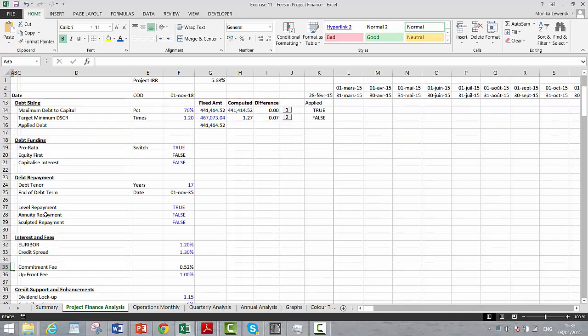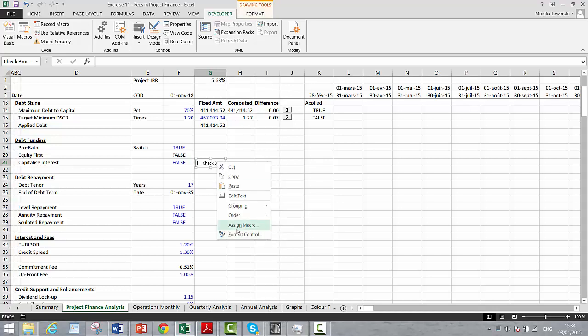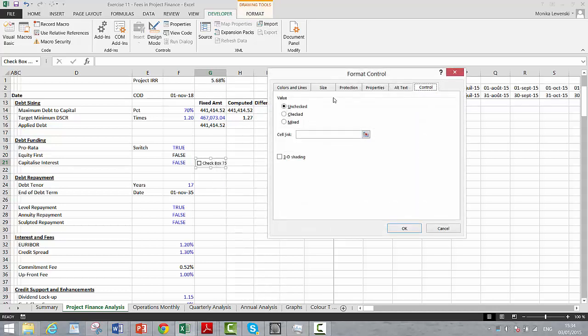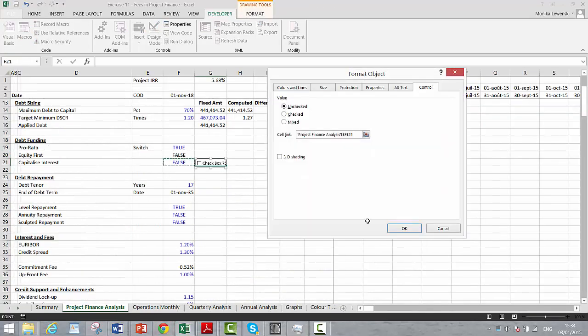Remember, on the funding, we had a little thing for capitalizing the interest here. Why don't we do this little gimmick where we put a checkbox here. All the checkbox does is let you adjust the true and false input.